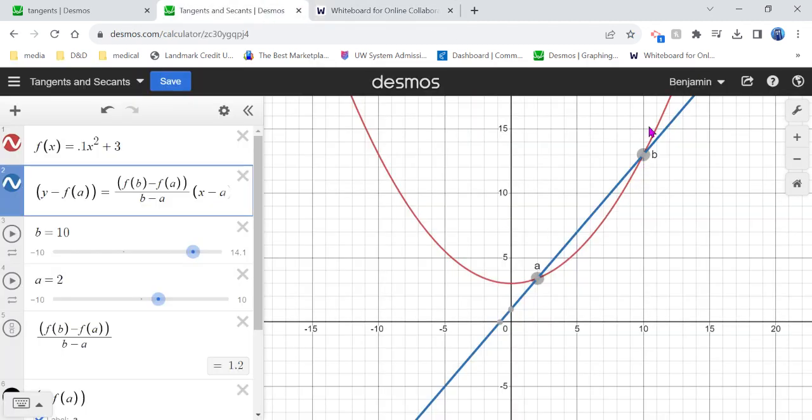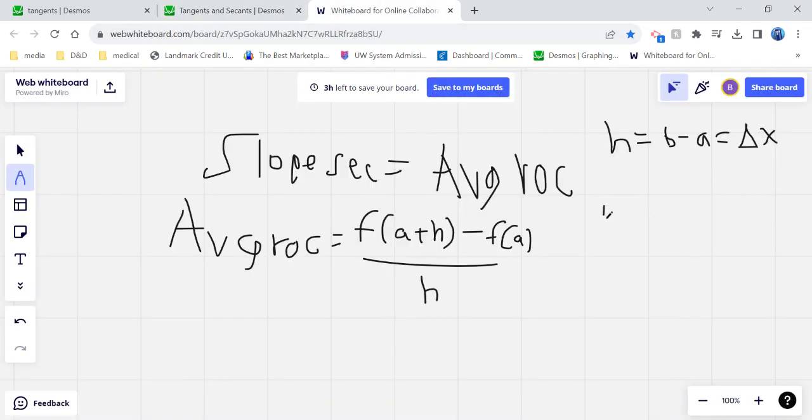So we take this secant line and we ask the question, what would happen to this line if the value b were to get closer and closer to a? So essentially what we're asking is, what is the limit as b approaches a?